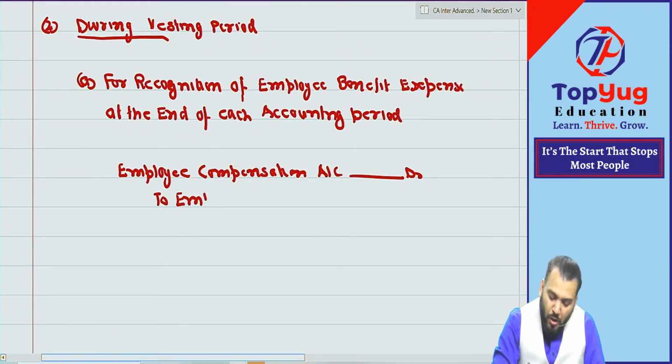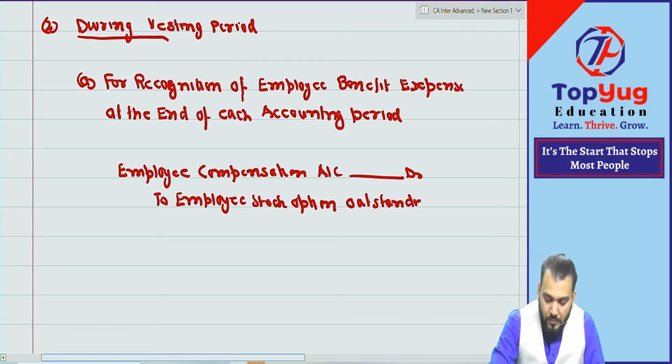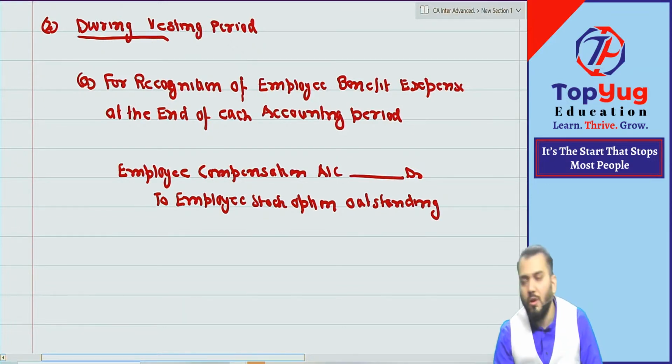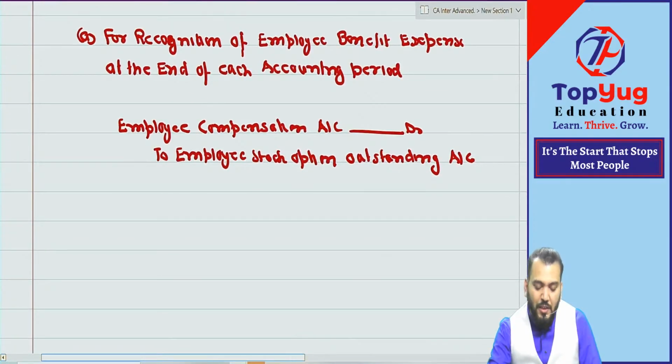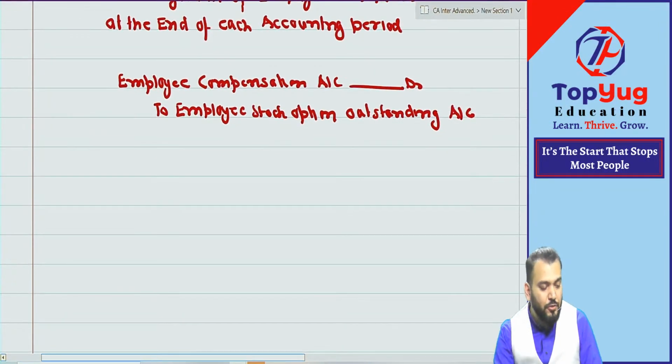We can add on employee stock option outstanding account, or you can simply say stock option outstanding account. Both are correct because we are dealing with employee in this chapter. It is better to write employee stock option outstanding account, but you can write stock option outstanding account also. That is not incorrect.